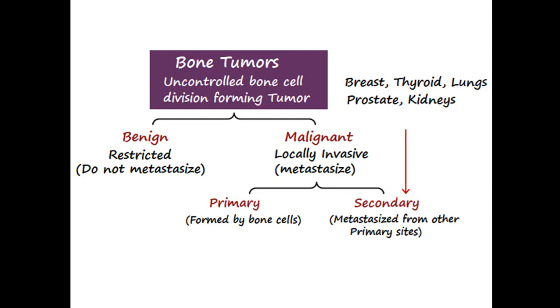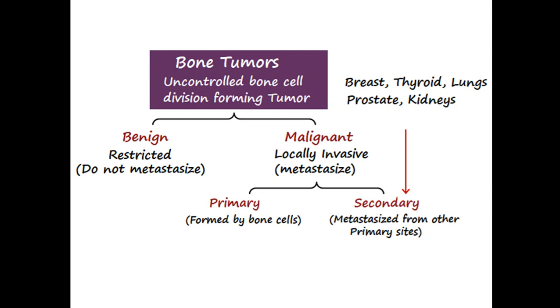We know that a tumor is the result of excessive and uncontrolled cell division of the bone. There is uncontrolled cell division in the bone, and this excessive uncontrolled cell division results in the formation of a mass known as the tumor.